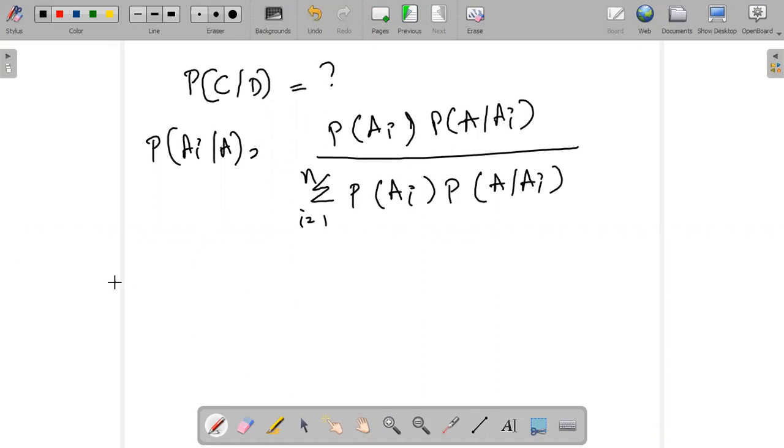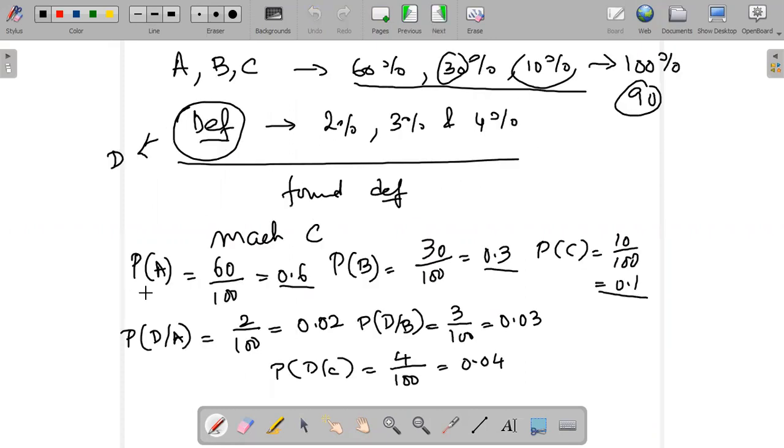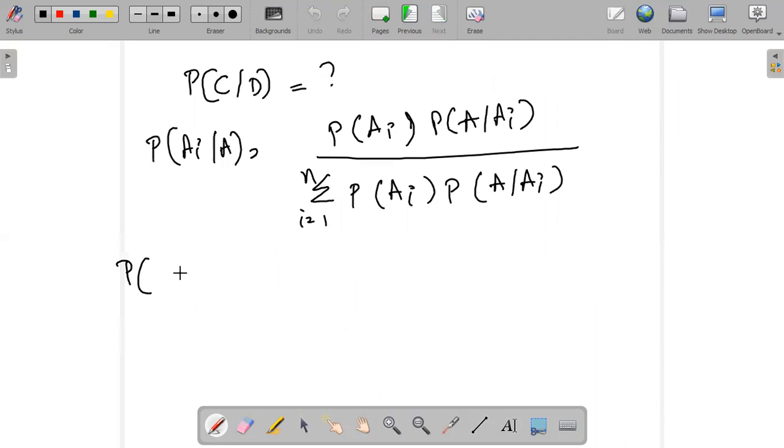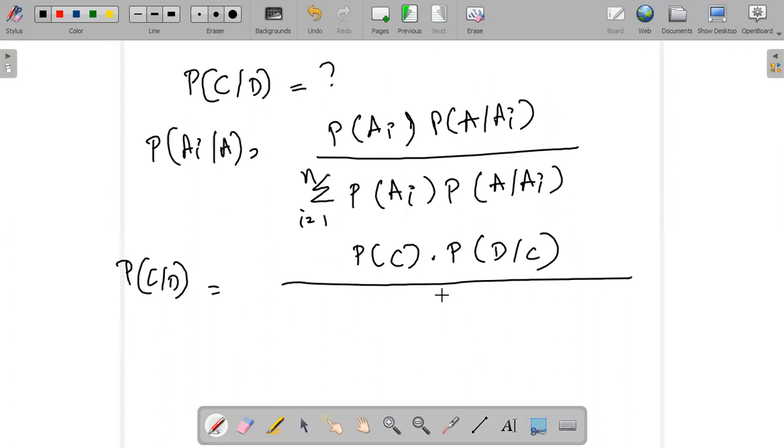Now, looking into this, we have these values: P of A, P of B, P of C, and P of D given A, D given B, and D given C, the defective in A, B, and C. Let us implement it here. In the numerator it should be P of C, P of D given C, and the denominator should be the summation over A, B, and C, 1 to n.